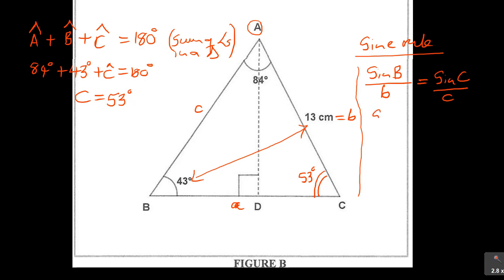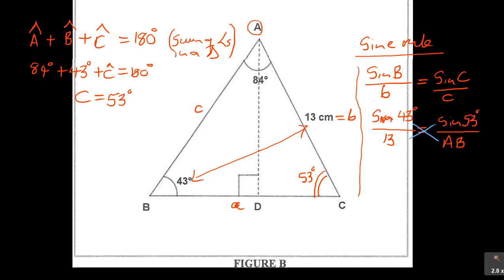Now I substitute and say sin 43 over my b, which is 13, is equal to sin C, which is sin 53 degrees, all over c, which is our AB because they want me to find AB. When you have done that, you cross multiply.